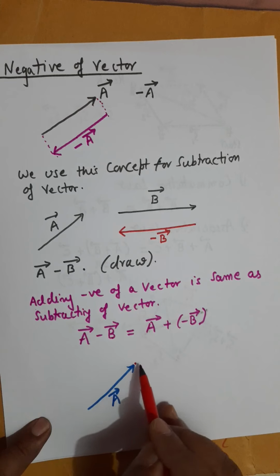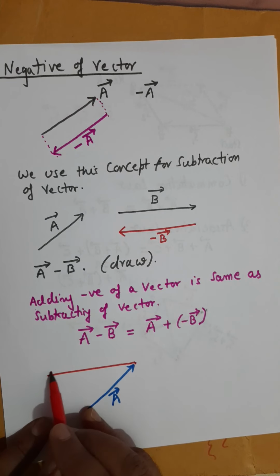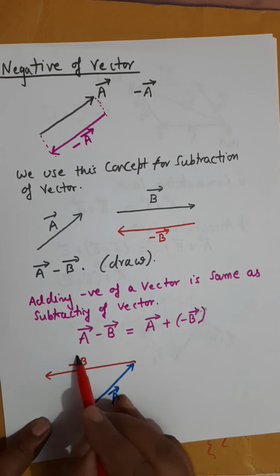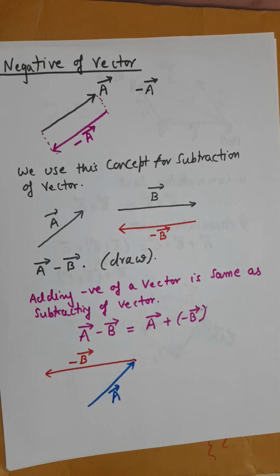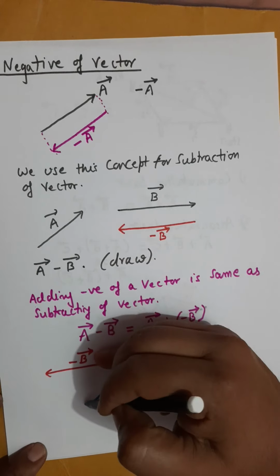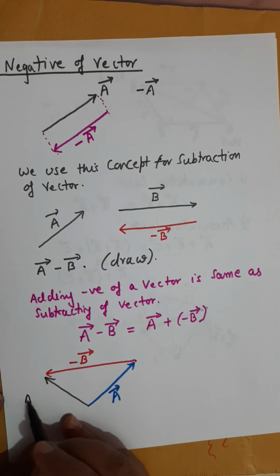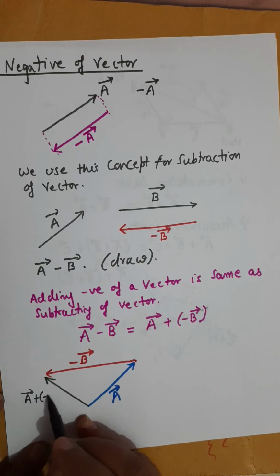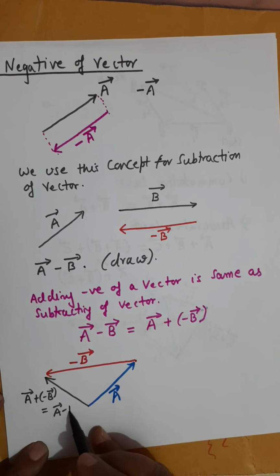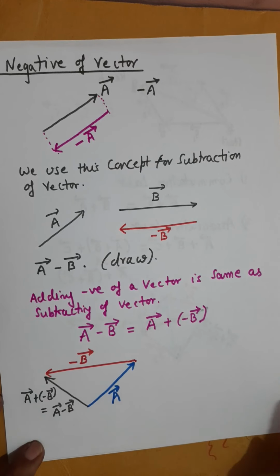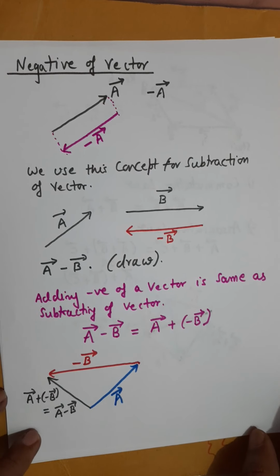So on the head of a vector, you will add minus b like this. And now you have this vector which is called a plus minus b, or you can say it is a vector minus b vector. So this is how we subtract the vectors.